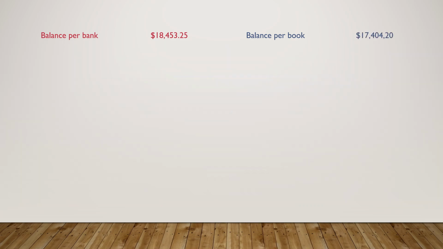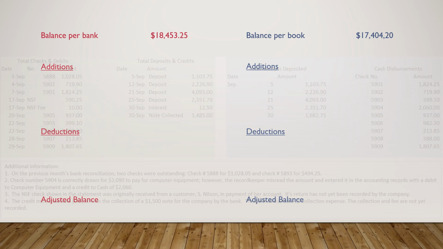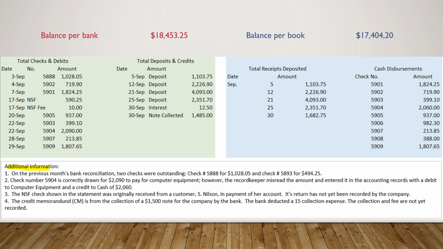We also know that the bank reconciliation will consist of additions and deductions to arrive at the adjusted balance. Now, we can move through that additional information and fill out those sections on each side of the reconciliation.